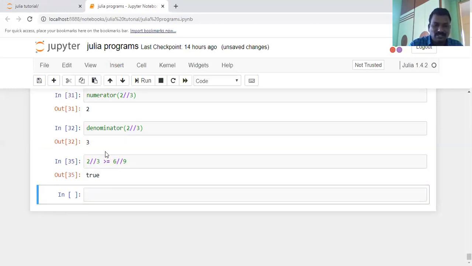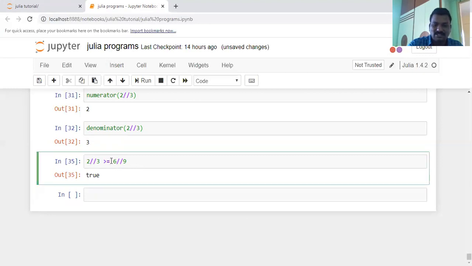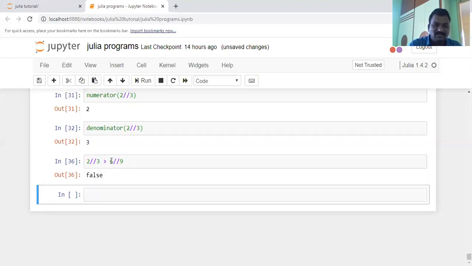For example, if I simply write the greater than, it gives a false statement. In this way you can apply the comparison operators on numbers.